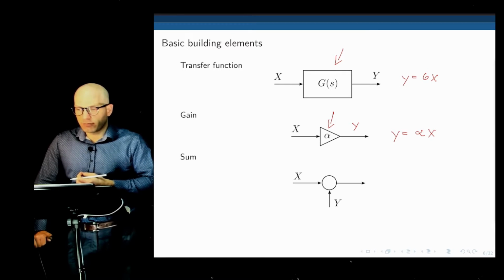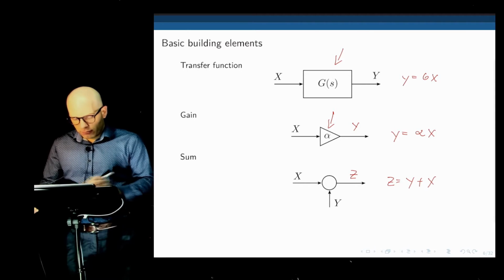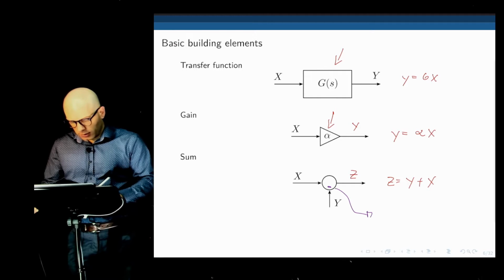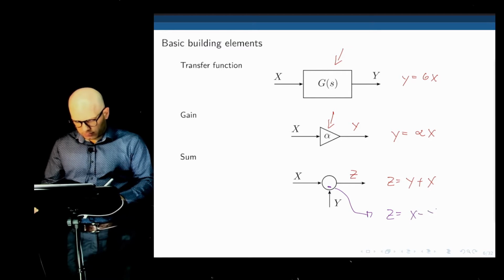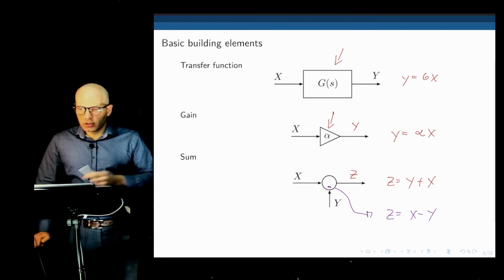It is not a function of s, it's not a transfer function. The third one, if you call the output here z, would be z equals y plus x. And if we put a negative sign here, then this would be z equals x minus y. Right, basic stuff. We covered this before. Nothing new here.